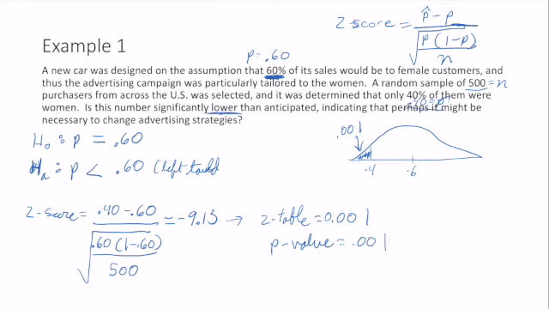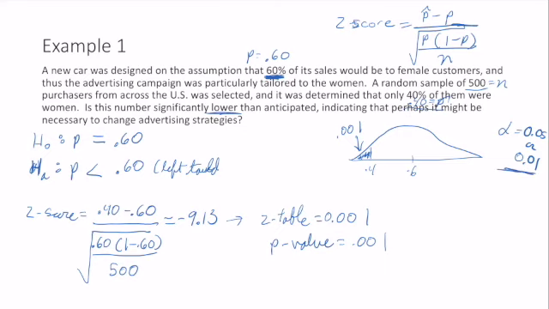Now, what I'm looking for in order to show that this is statistically significant is I want my p-value to be less than my significance level. So our significance level is alpha, and alpha can be either 0.05 or 0.01. And if you can use 0.01, that's the one you want to do, right?